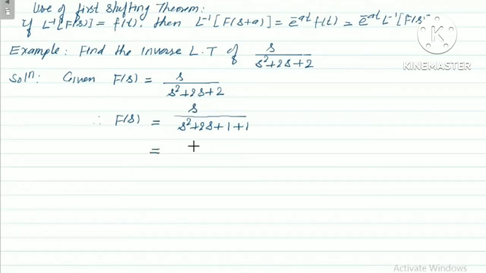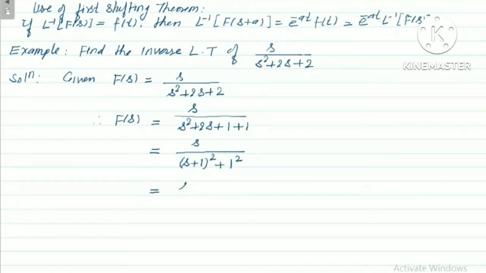So this can be written as s upon, s square plus 2s plus 1 can be written as s plus 1 the whole square, and plus 1, where 1 can be written as 1 square. Now we adjust the numerator. Here s plus 1 is present, so we add and subtract 1 in the numerator.